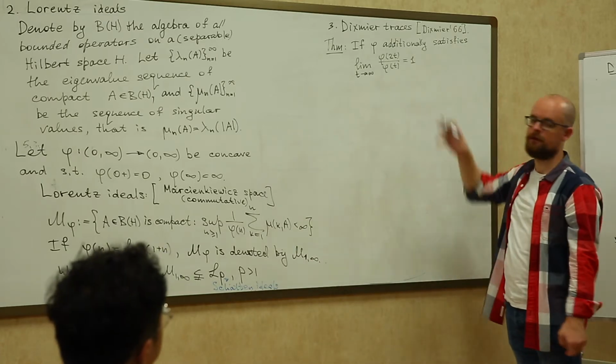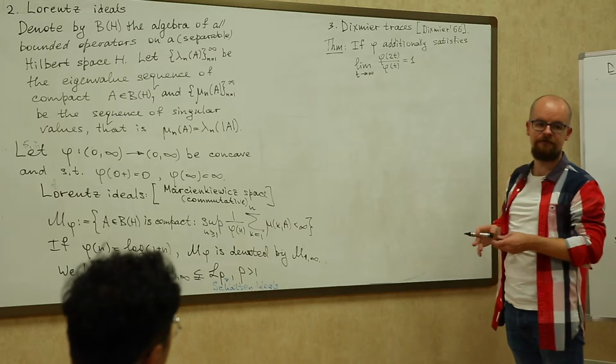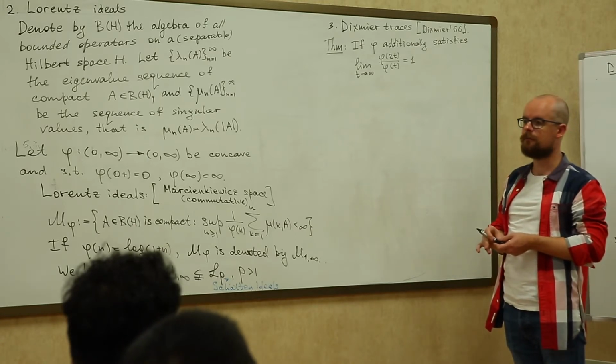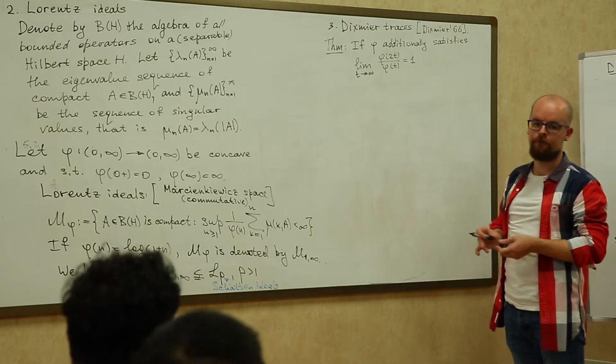More generally speaking, a fancy word for this is that the function phi is of slow variation.